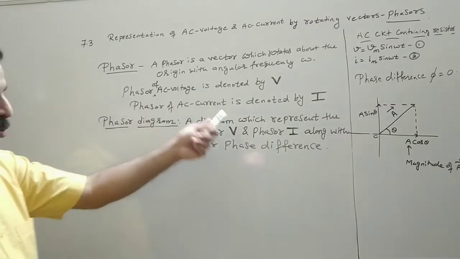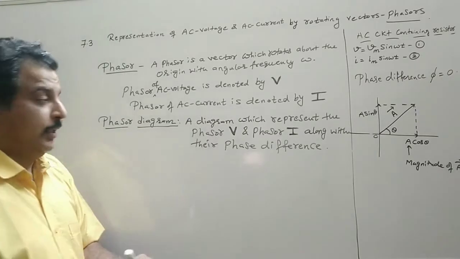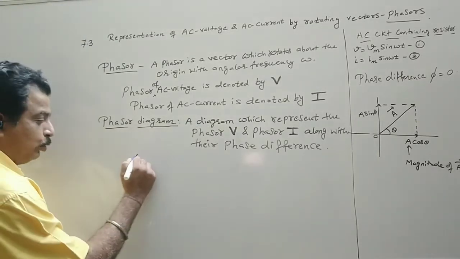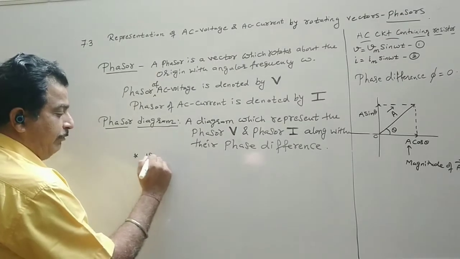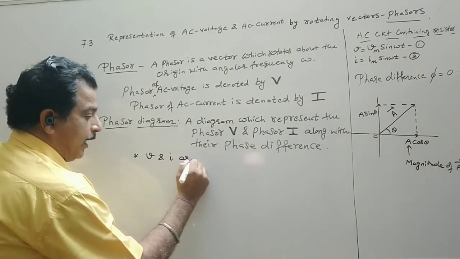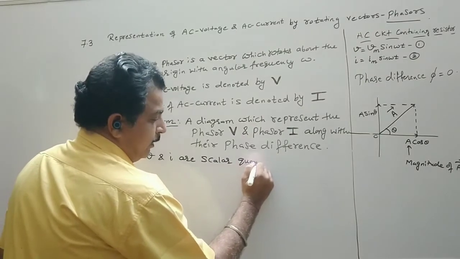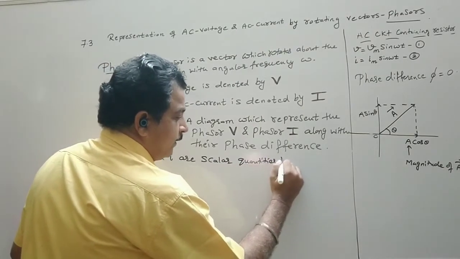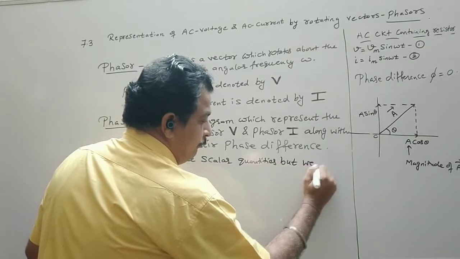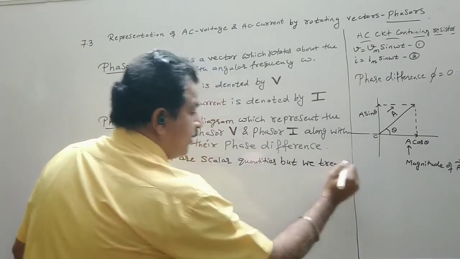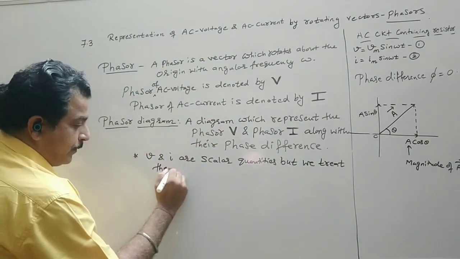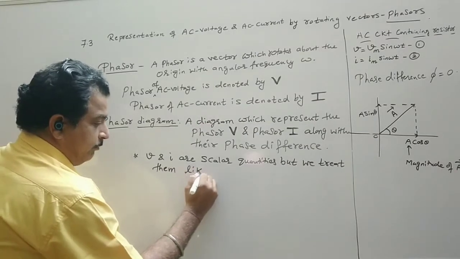So we will see how to draw the phasor. V and I, keep this in mind, are scalar quantities, but we treat them like a vector.